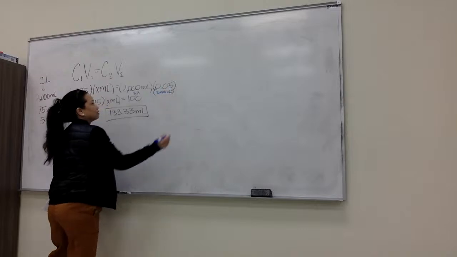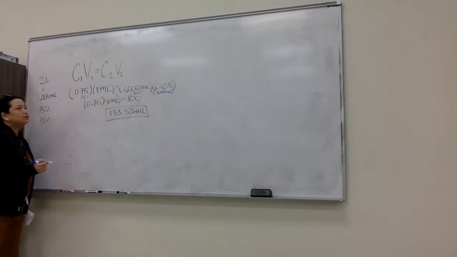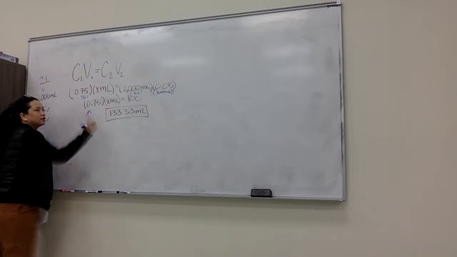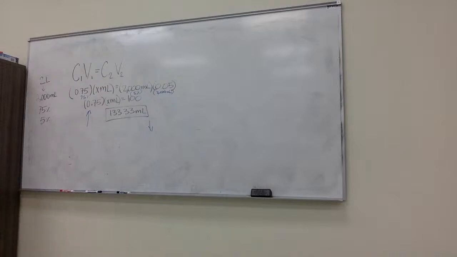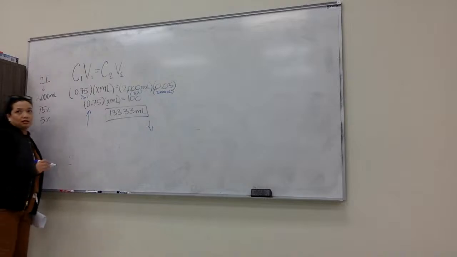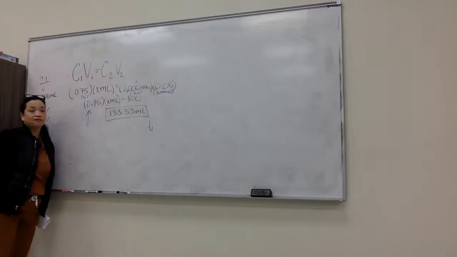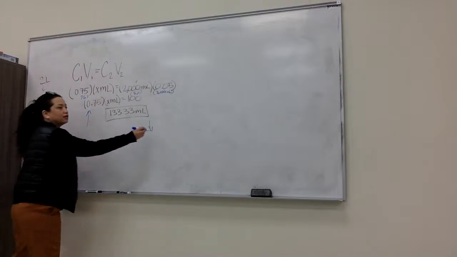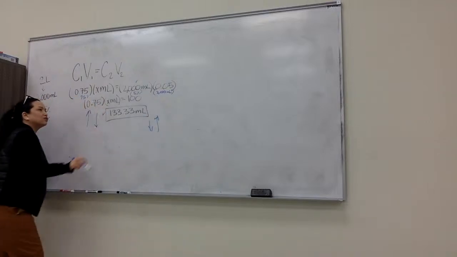Another thing, a way to check: your C1 has to be higher than your C2. To make, to prepare, should be on the C2V2 side. 2,000 ml should be higher than what you're looking for here.